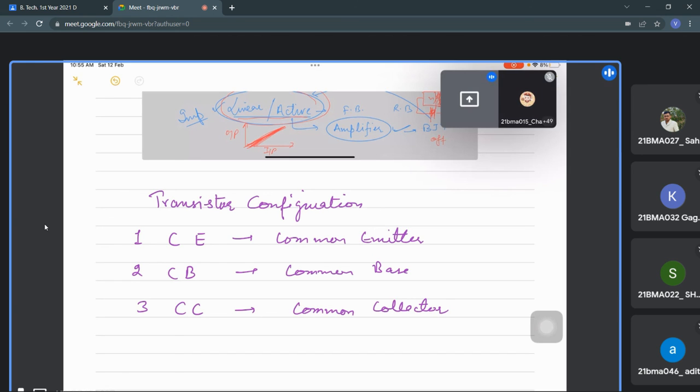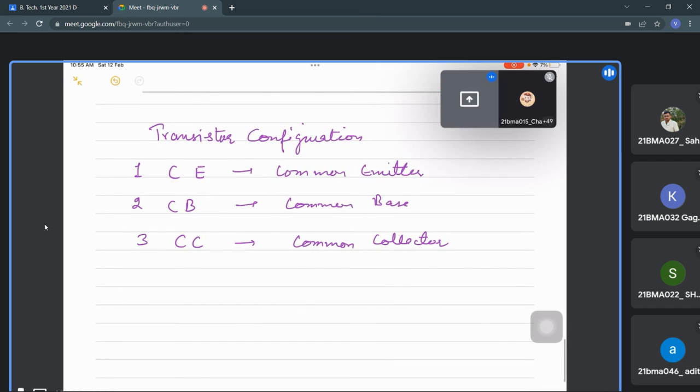Right? So the symbol of the transistor is like this. This is NPN transistor. This is base, this is collector, and this is emitter. Okay? So this is the input side and this is the output side. So the emitter is common to both of them. That's why this is common emitter configuration.